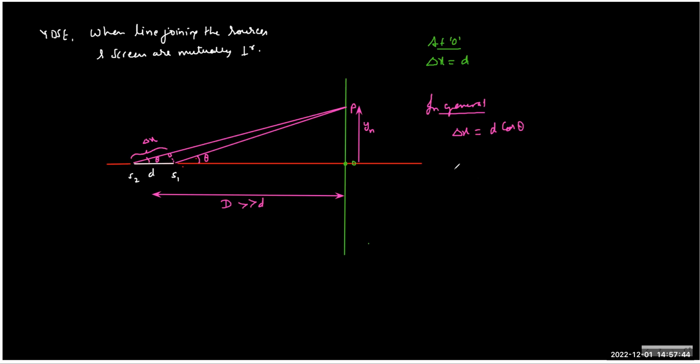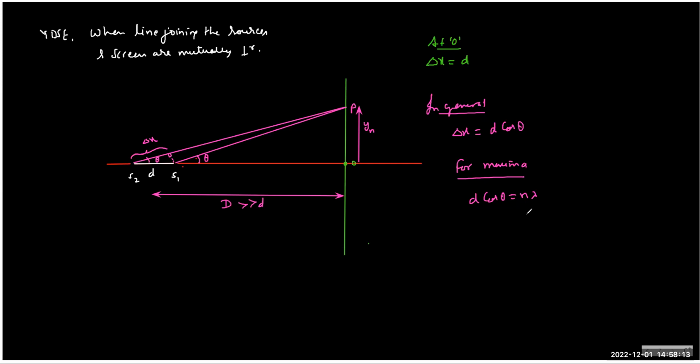And therefore, for maxima, you will write d cos theta equals n lambda. But as you put n, you need to understand that unless we have a clue about the d, we cannot solve the question.